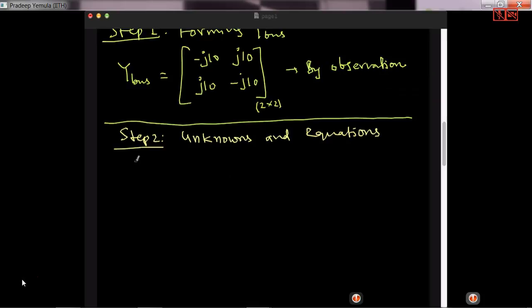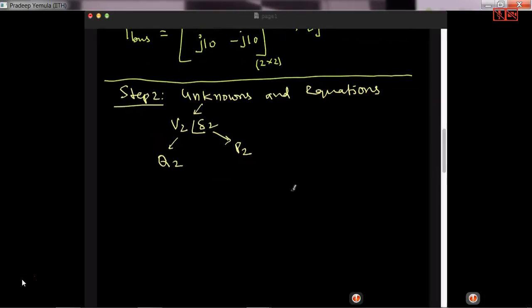So what are the unknowns? The unknowns are V2 and delta 2. Corresponding to delta 2, we'll write the equation of P2, and corresponding to V2, we'll write the equation of Q2. The P2 and Q2 values are also known to you because the load is given.